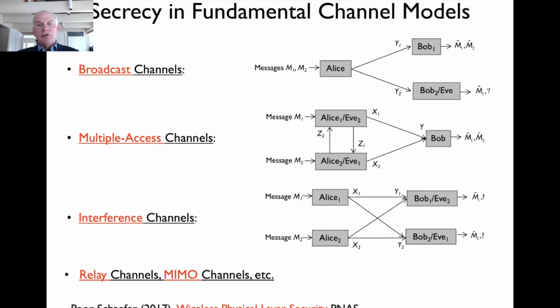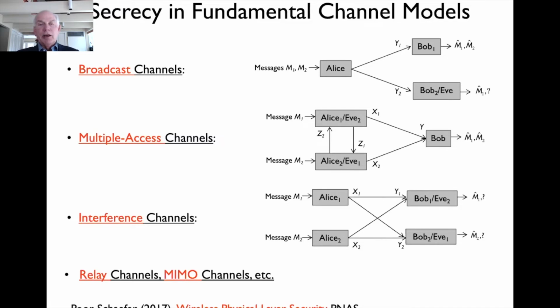Wireless networks are like that. They're made up of a lot of smaller networks. So you have the broadcast channel, which is one transmitter, multiple receivers. That's like the downlink of a wireless network. You have multiple access channels, which is multiple transmitters, a single receiver. It's like the uplink of a wireless network. Interference channel, multiple transmitters, multiple receivers. That's like a multi-cell network, uplink or downlink. And then you have relay channels, MIMO channels, and so forth.